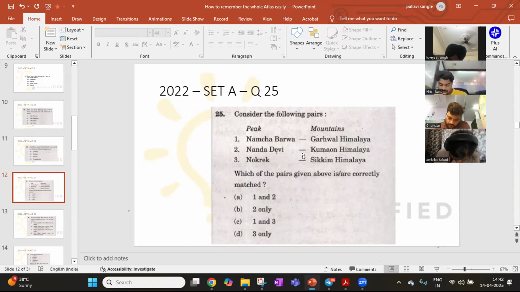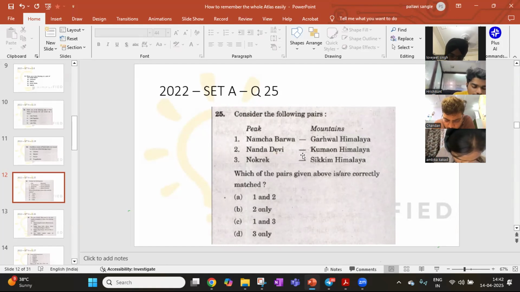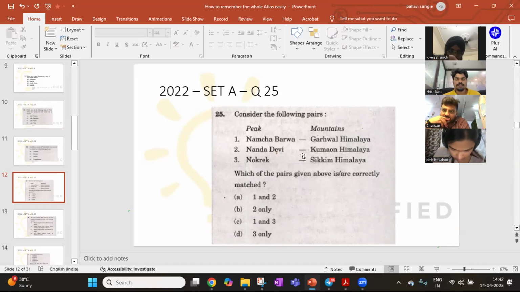Can you see Nanda Devi in Uttarakhand? So this is the 2022 Set A question 25. Nanda Devi, Kumaon Himalaya, Namcha Barwa, Garhwal Himalaya, right? Nanga Parbat, can you see it? In Kashmir, the northwest side of India.